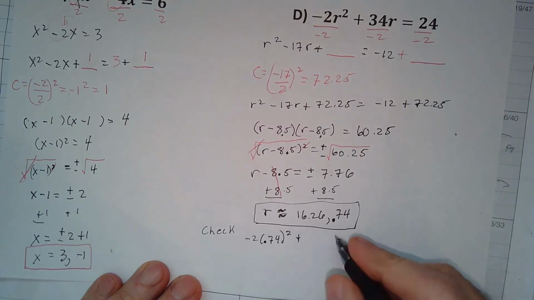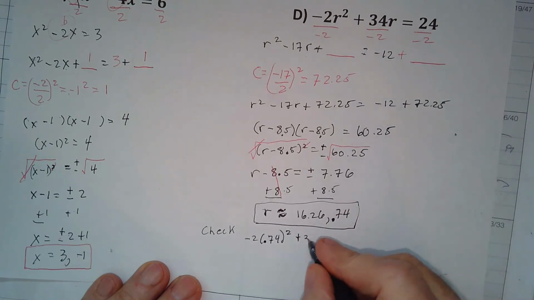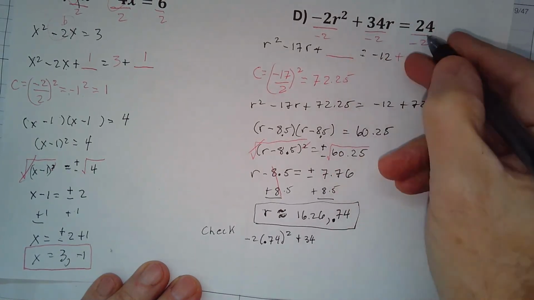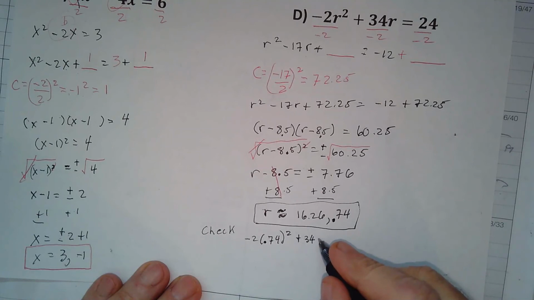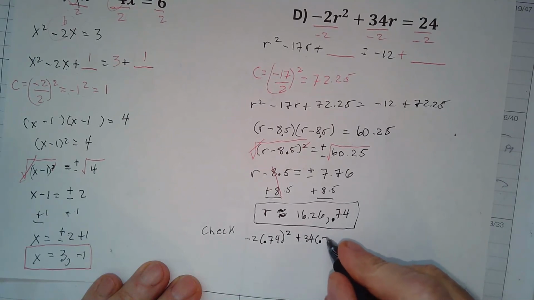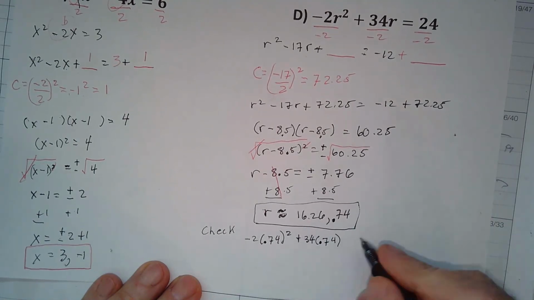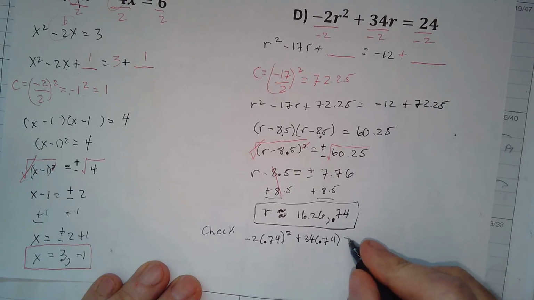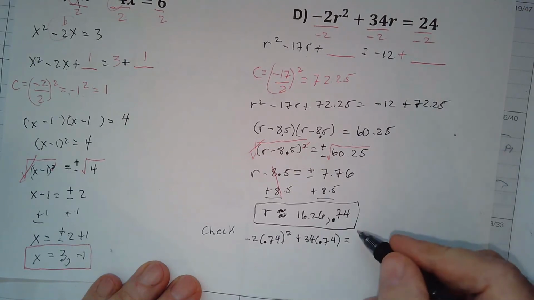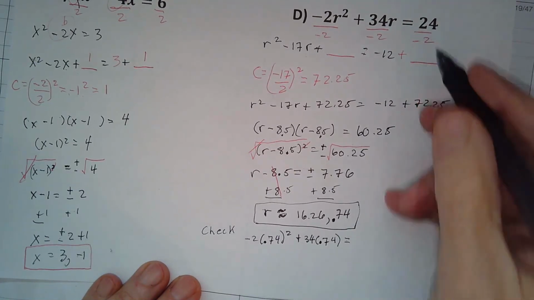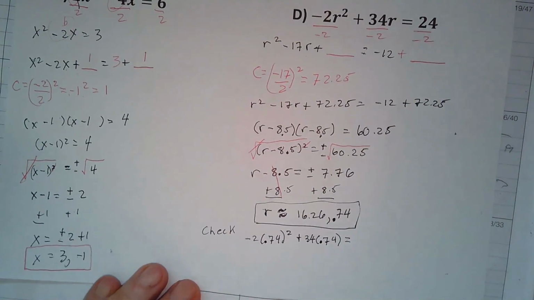We want to add 34 times r, again 0.74. Notice we're going back to the original numbers. If we're right, it should equal approximately 24, but it's not going to be exact, so let's find out.